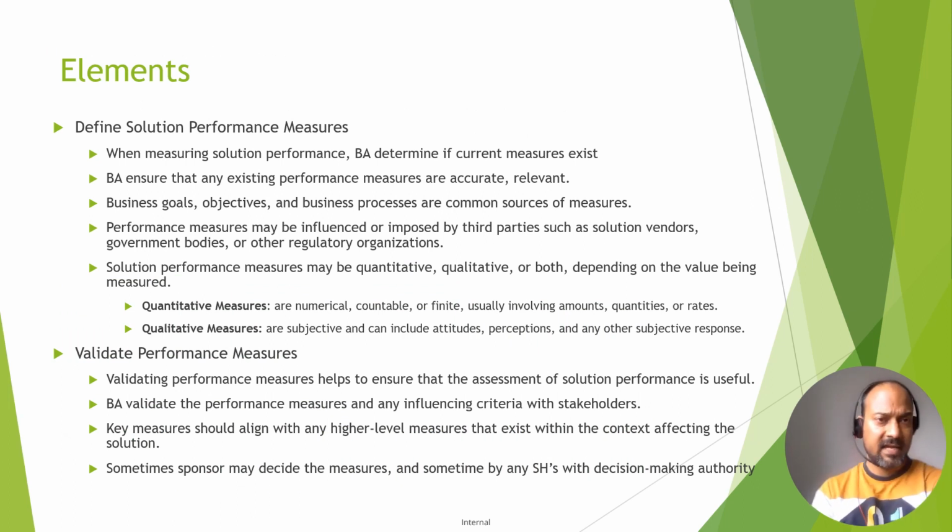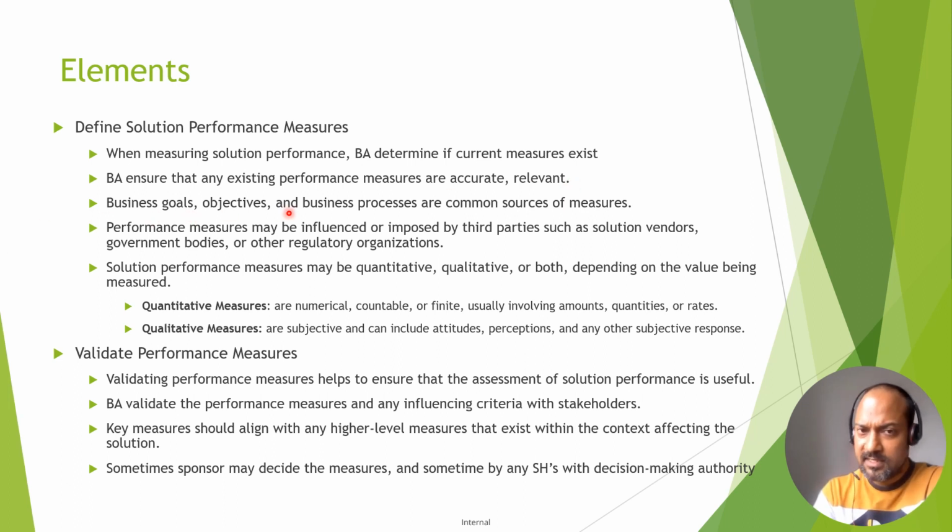Now let's talk about the elements. The first element is define solution performance measures. This is the same thing: identify and define the performance measures. When measuring solution performance, the BA determines if current measures exist and ensures that any existing performance measures are accurate and relevant.